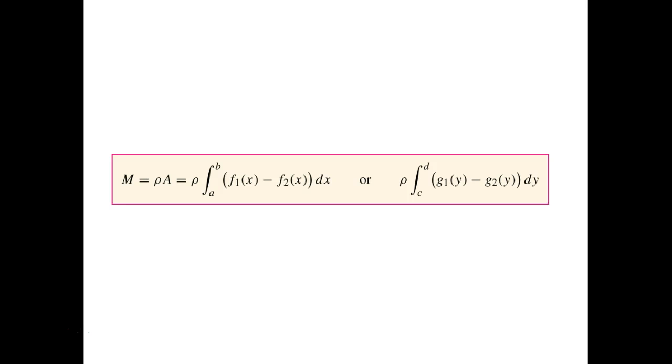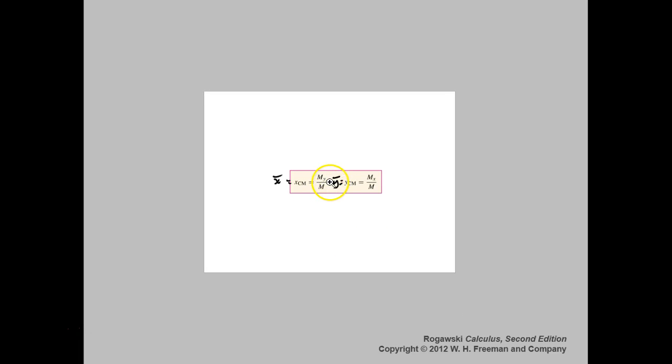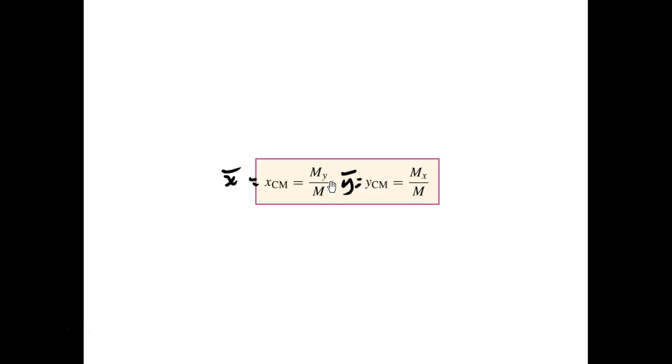So then your center of mass. Now, in the new version of the text, they call this x bar, and they call this y bar. The old, they call it x center of mass, y center of mass. So I'll blow this up now. It's just like we did before.